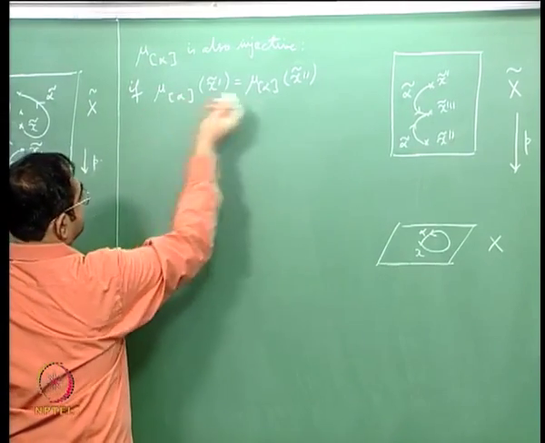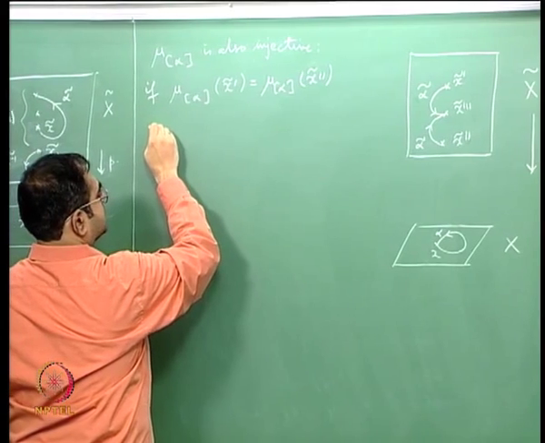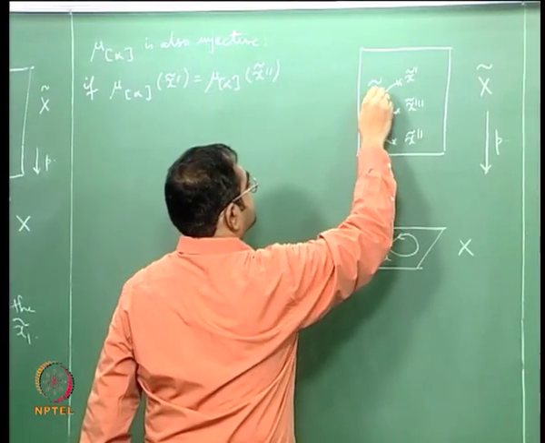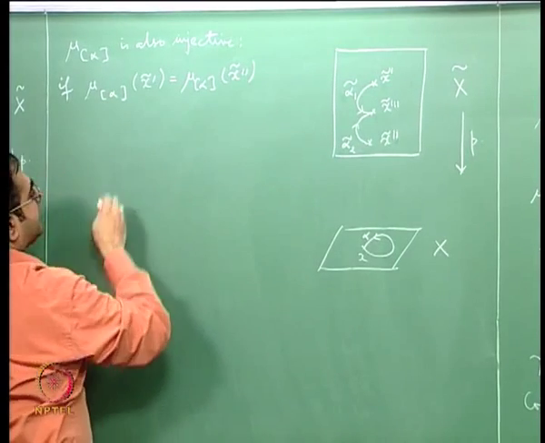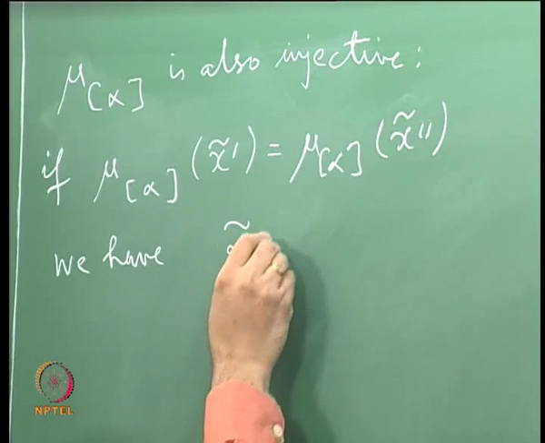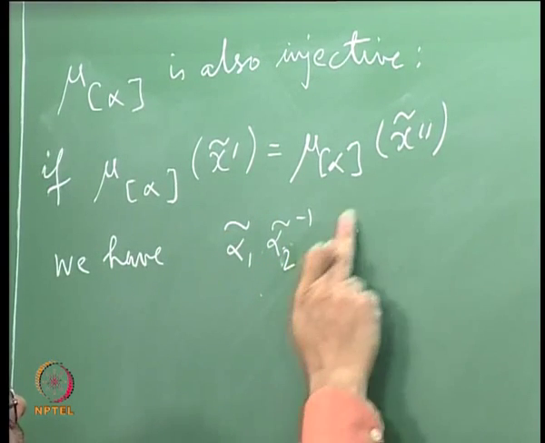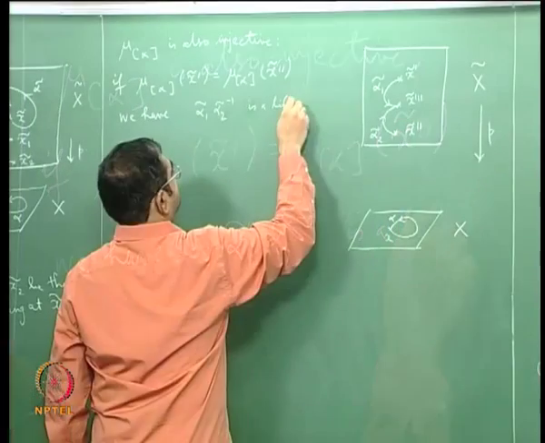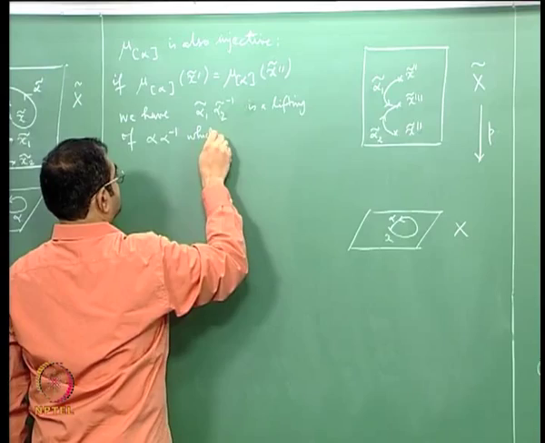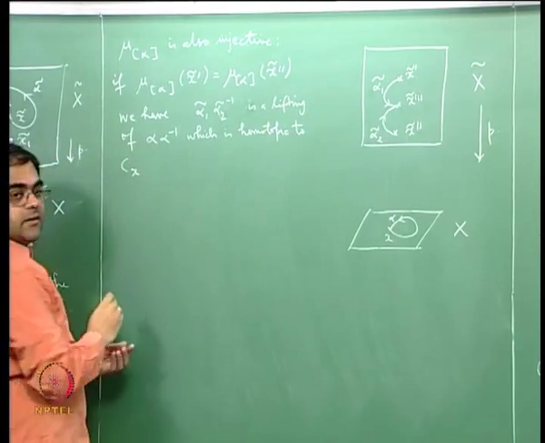So let me write that down. Let me call this alpha 1 and this alpha 2 just for clarity, and then say we have alpha 1 tilde followed by alpha 2 tilde inverse is a lifting of alpha inverse, which is homotopic to the constant path at x, which is the identity element for the fundamental group.